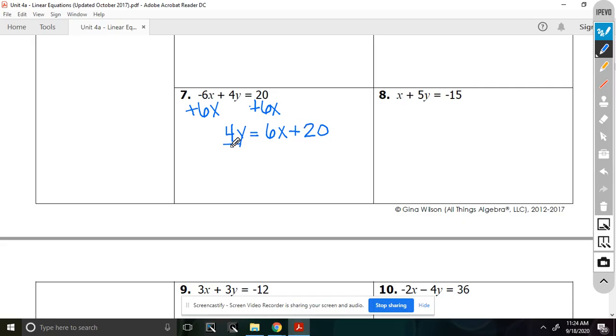Then we're going to divide everything by 4. I get y equals, I know 6 over 4 can simplify to 3 over 2, and we always simplify our slope. And then 20 over 4 gives me plus 5.